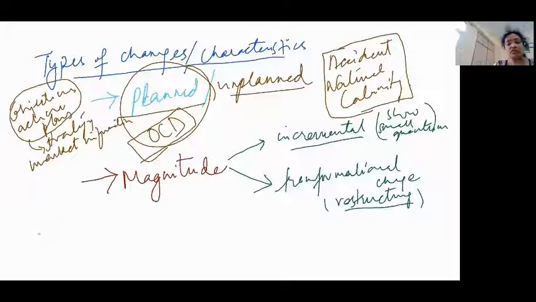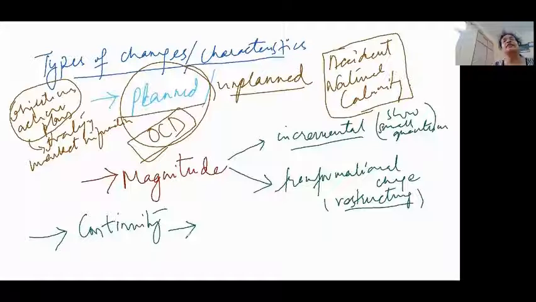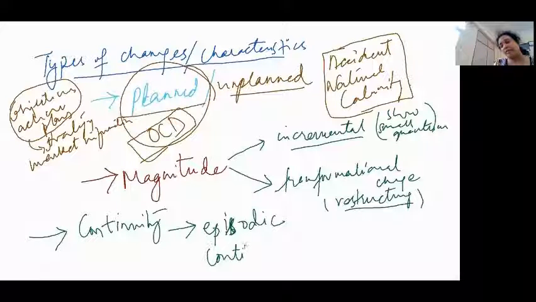And the third important category is continuity, right? And when we talk of continuity of change, it can be episodic, this is S, episodic, or it can be continuous change.